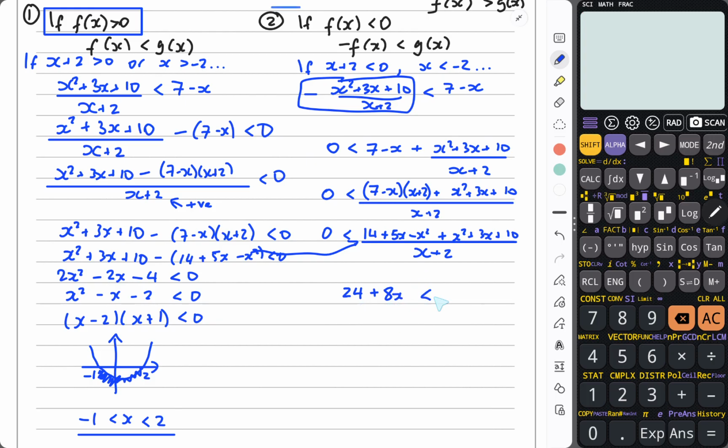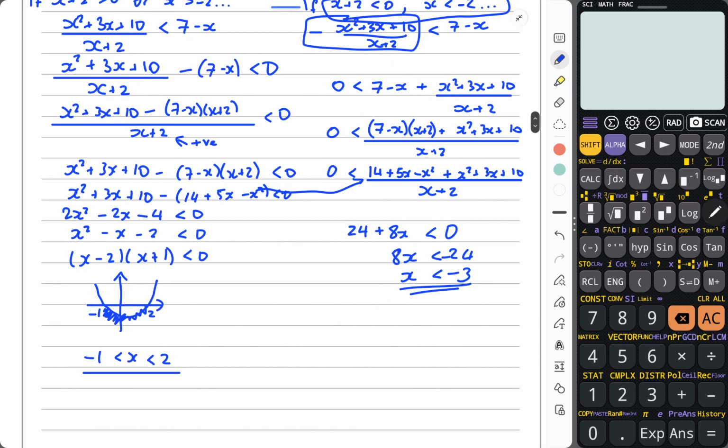So we're looking at where this is negative. Because like I say, we know the denominator is negative because that is our assumption here. So we're looking just when the numerator is going to be negative. So that's going to give me 8x plus 24 is less than 0, which is going to give me x is less than minus 3.